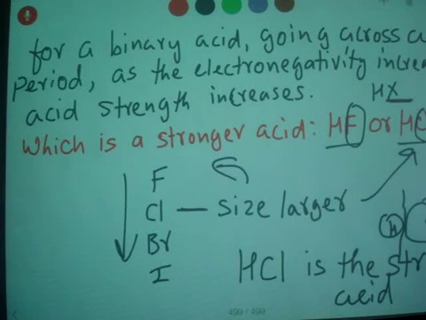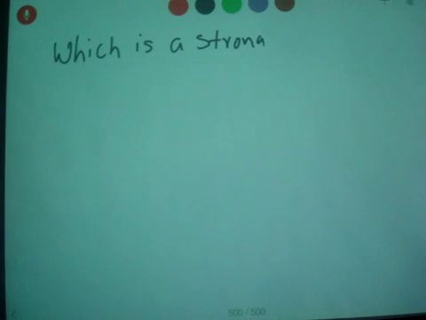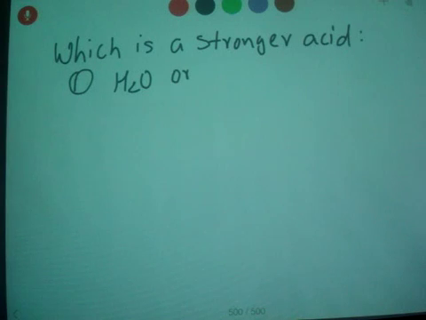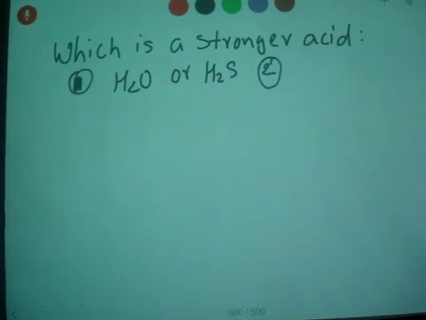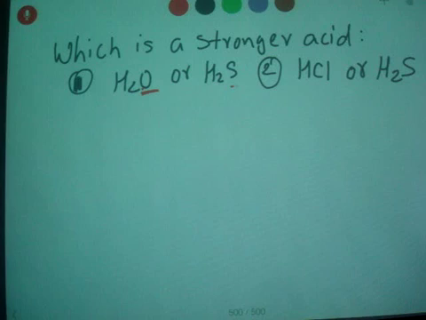Now we are going to talk about another example. We need to find again which is a stronger acid. 1: H2O or H2S, and 2: HCl or H2S. Now we need to compare the size of oxygen and sulfur.